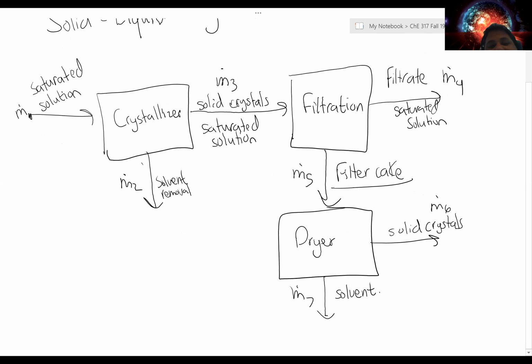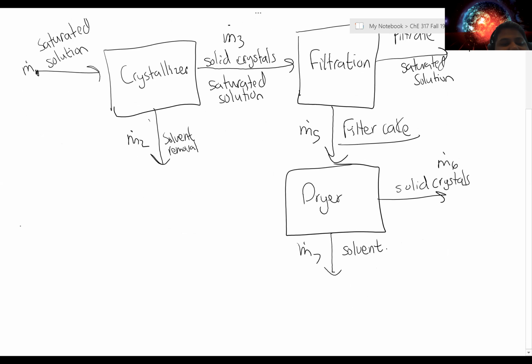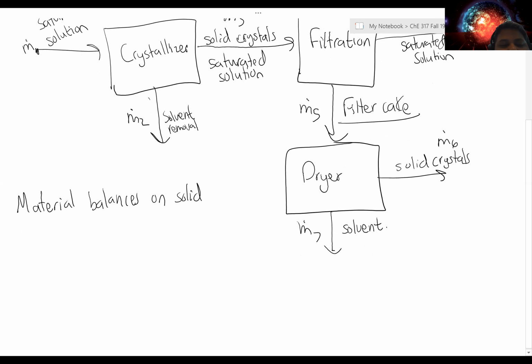So a lot of times, one of the key things you want to keep in mind are material balances involving the solid, material balances on your solvent, and don't underestimate the utility of overall material balances.